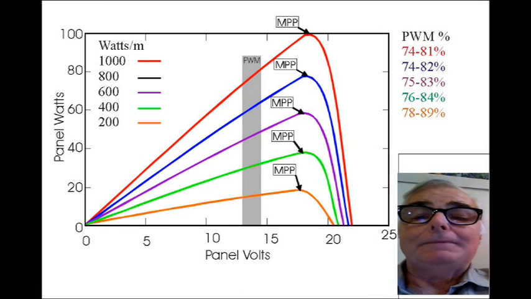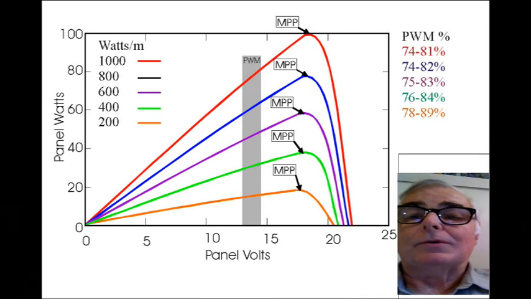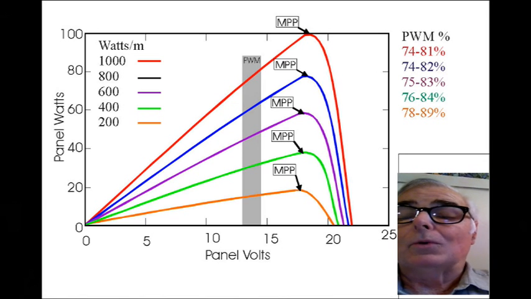So basically, this illustrates what sort of behavior you can expect, and that a PWM controller is always going to be worse than an MPPT controller as a function of sunlight intensity, which is, as I said, a proxy for weather and time of day.